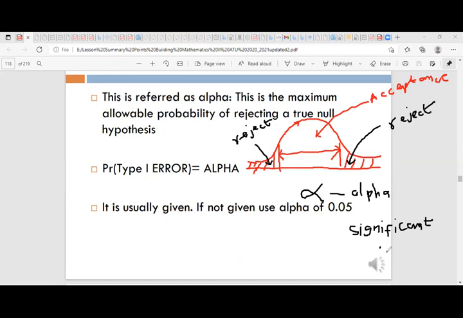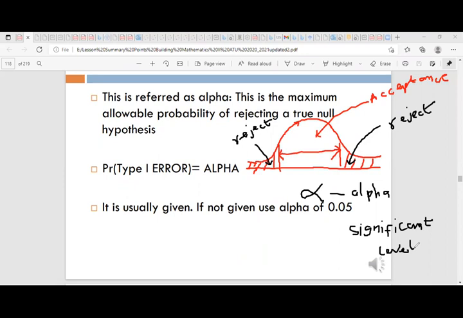So our alpha is the significance level. Basically, our alpha is the maximum allowed probability of rejecting a true null hypothesis. We'll be looking at details on how to utilize the alpha later in the examples.